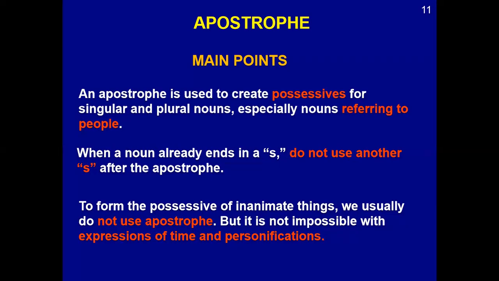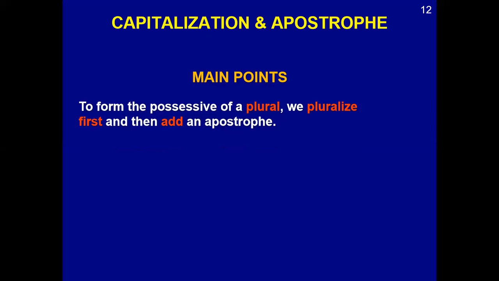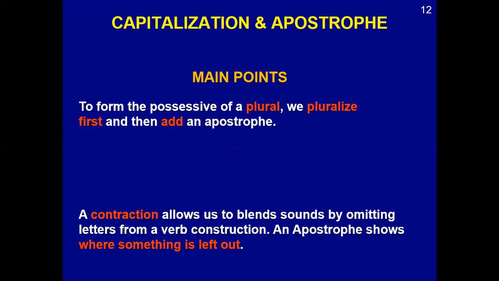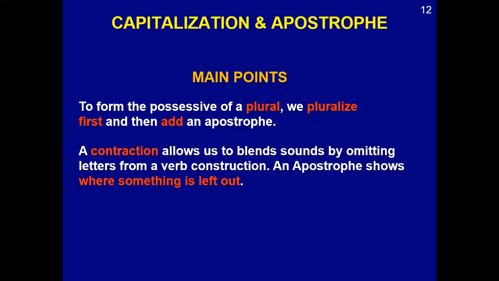To form the possessive of inanimate things, we usually do not use an apostrophe, but it is not impossible with expressions of time and personifications. Then next, to form the possessive of a plural, we pluralize first and then add an apostrophe.